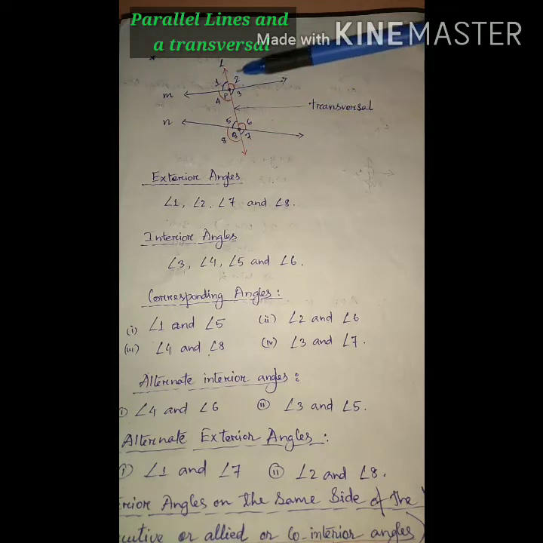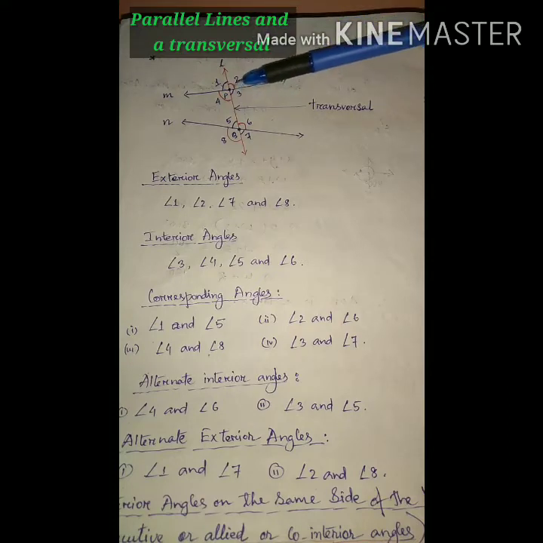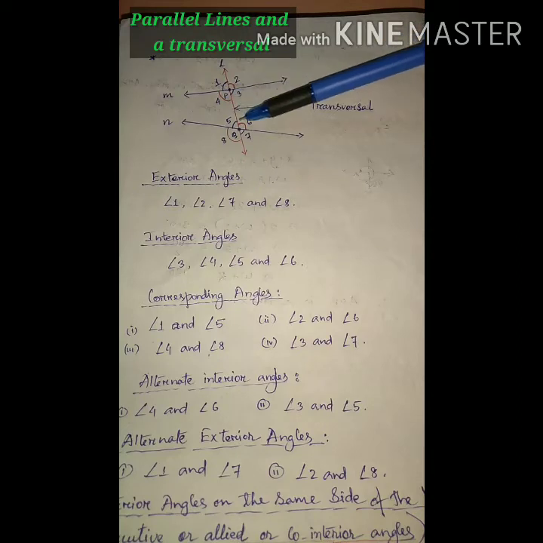So 1, 2 and 7, 8 are known as exterior angles. Is it clear? Inside, we get 4, 3, 5, 6. These four are inside the two lines, so these four angles 3, 4, 5, 6 are known as interior angles.